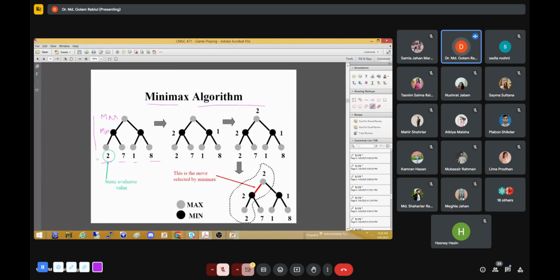And these are the leaf nodes. Okay, so these are the leaf nodes, the terminal nodes. So using some form of evaluation function, we got this 7, this 1. And this is 8, like this way.